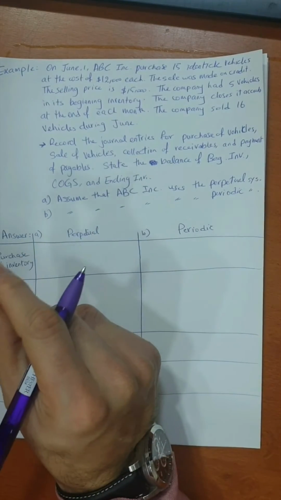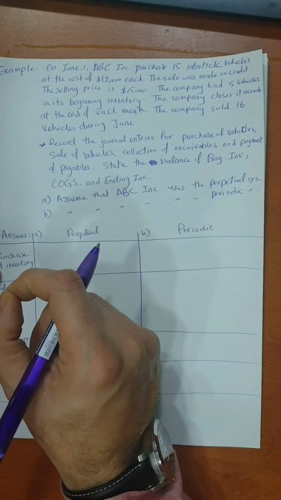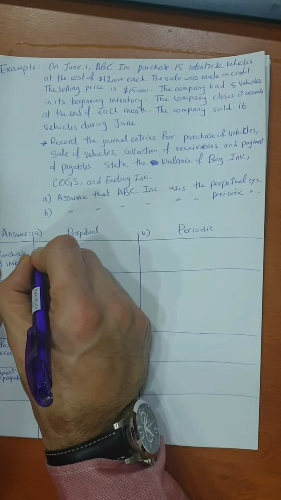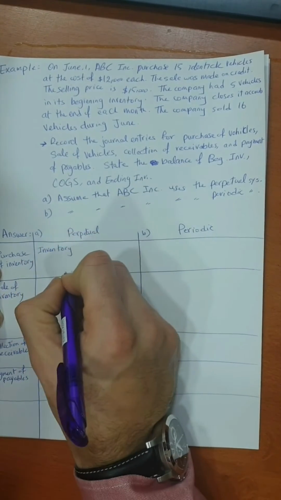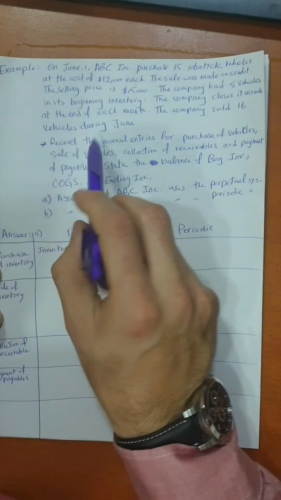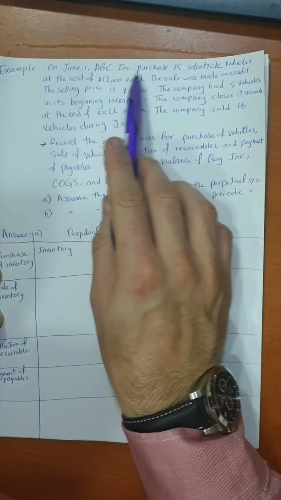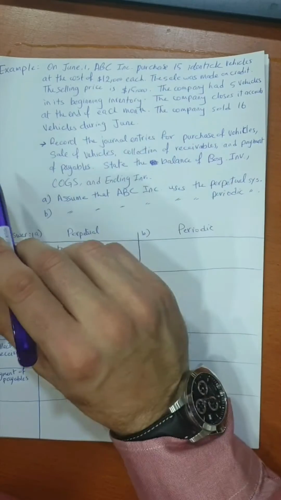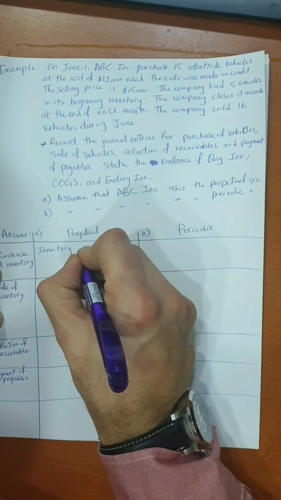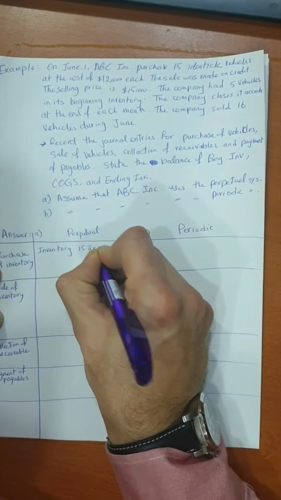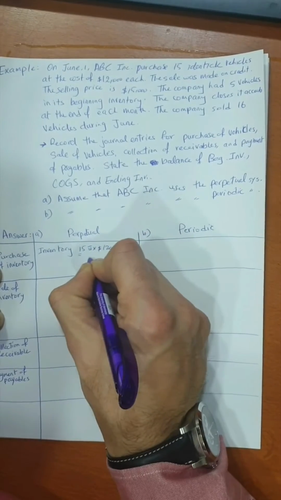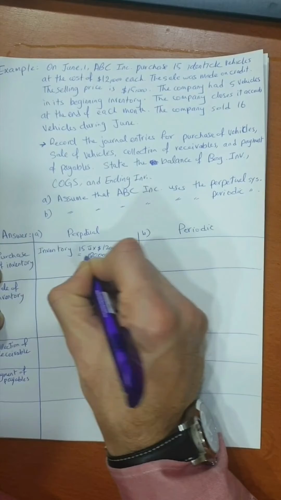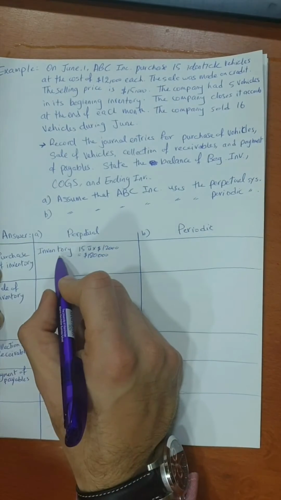So inventory is an asset which increases by a debit transaction, and therefore inventory should be debited by how much? By 12,000 multiplied by 15, right? This is what we purchased. So 15 units multiplied by $12,000 for each, so $180,000. This is the inventory.